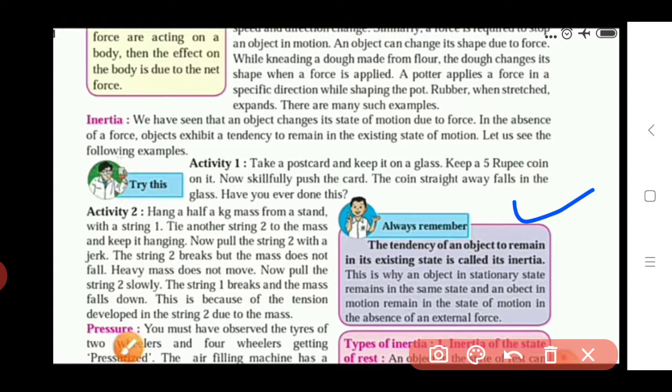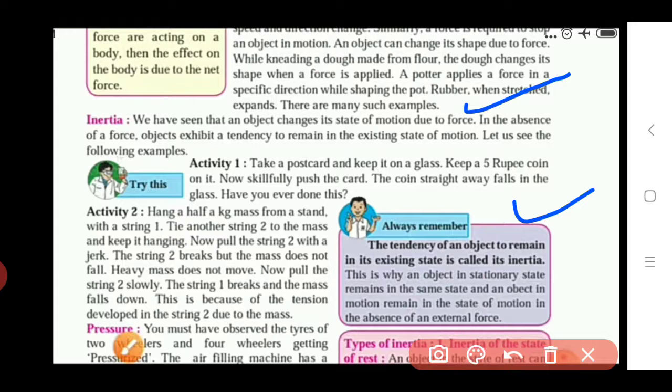If we see these examples, the first two examples, when we stretch the rubber, then when we apply forces on a stationary object, it goes into motion. So when we apply forces on any object, whether it is stationary or in motion, these objects change their state.